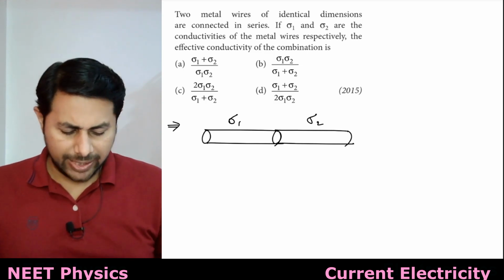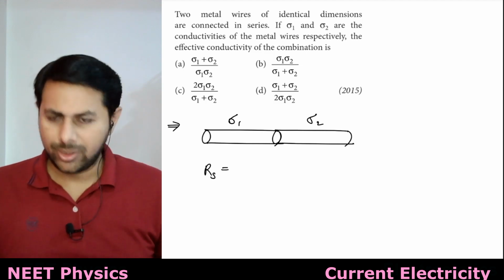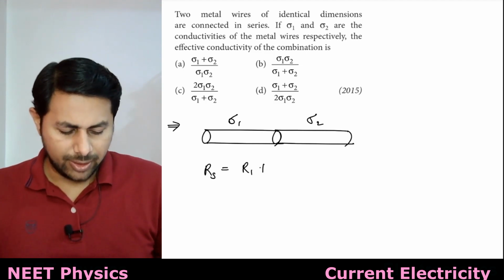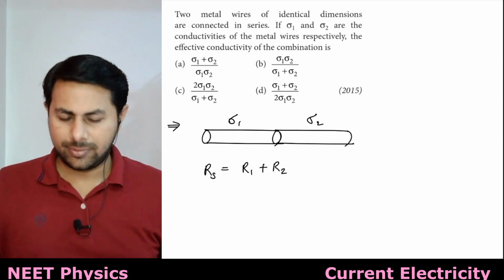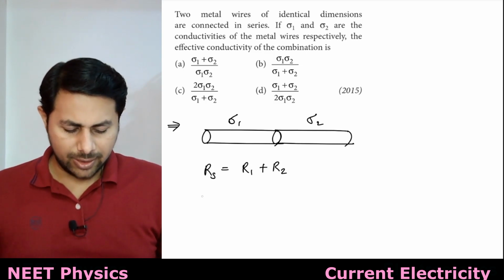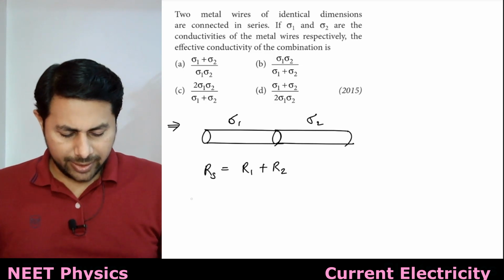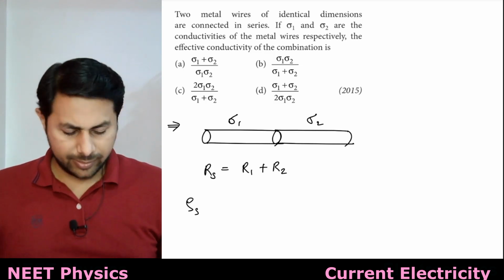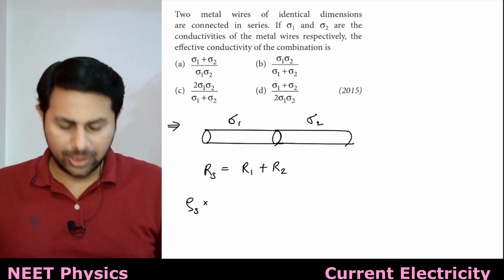What we can say is total resistance is equal to R1 plus R2, right? And how can you write the total resistance? So Rs is equal to rho s multiplied by total length.